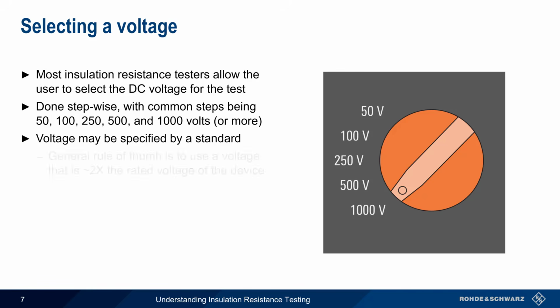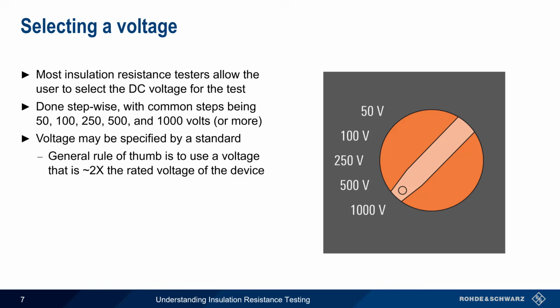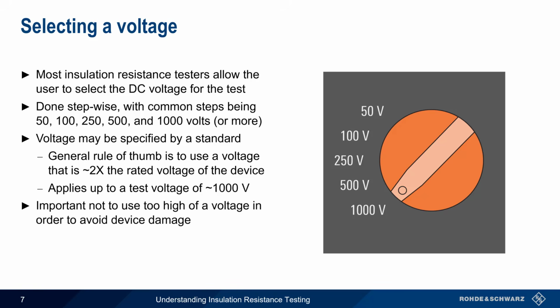But unless specified otherwise, a good rule of thumb is to use a voltage that's about twice the rated voltage. This rule of thumb, however, only applies to voltages up to about 1000 volts. It's also important not to use too high of a voltage in order to avoid damaging the device under test. Insulation resistance testing should be non-destructive.